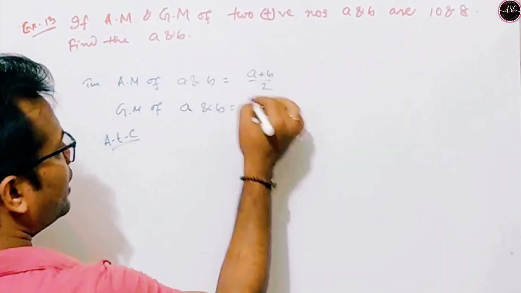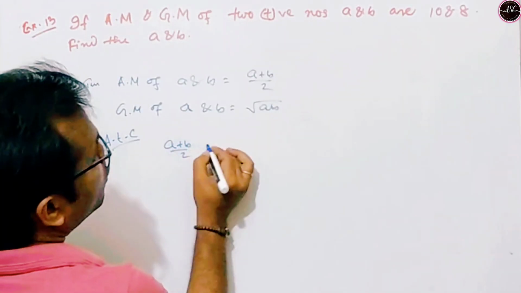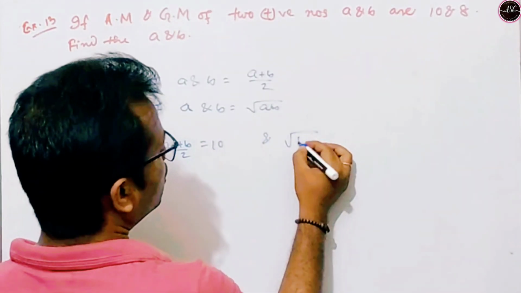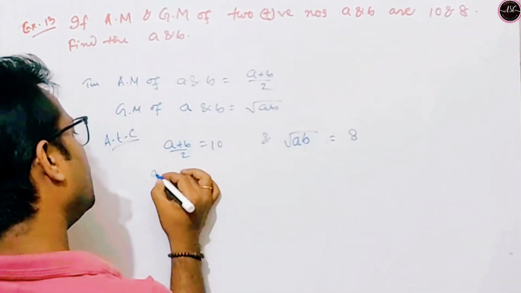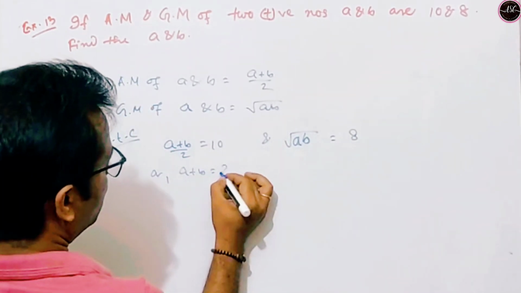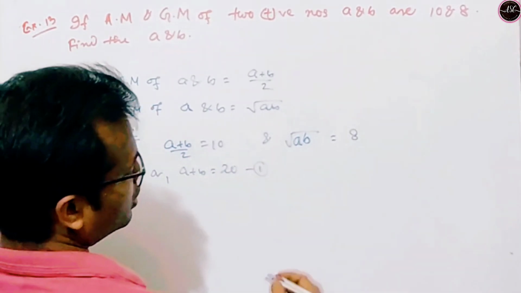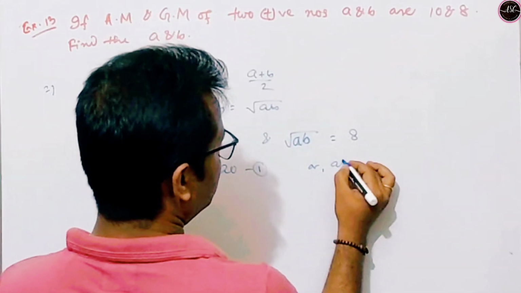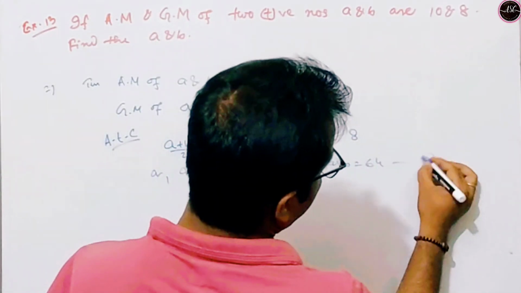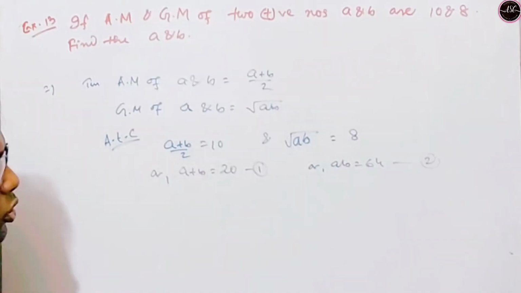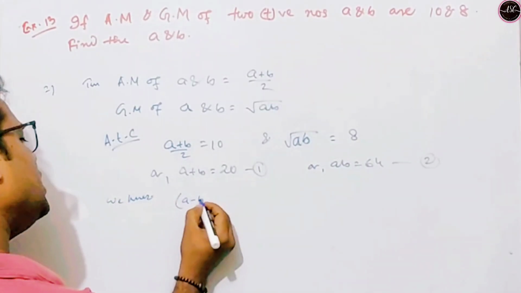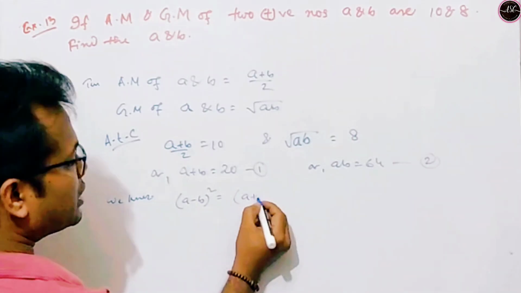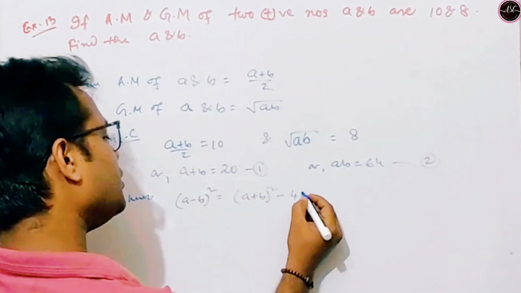So according to the condition, we have A plus B by 2 equal to 10 and root AB equal to 8. So A plus B equal to 20, equation number 1, and AB equal to 64, equation number 2. Now we know A minus B whole square equal to A plus B whole square minus 4AB.